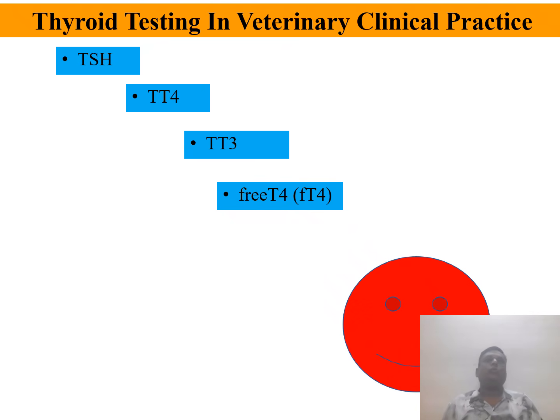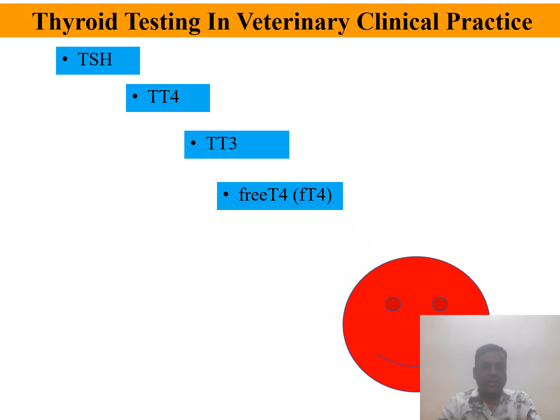So when a patient comes to you and you suspect this particular patient is suffering from thyroid dysfunction, what is the usual protocol? Generally, we recommend taking a history, then inspection of the patient, then clinical examination. After that, we need to do laboratory investigation, where thyroid testing is important.